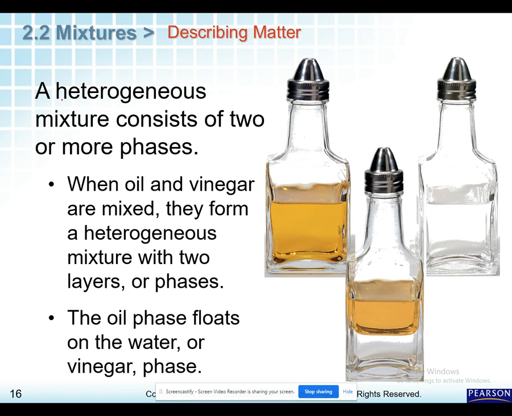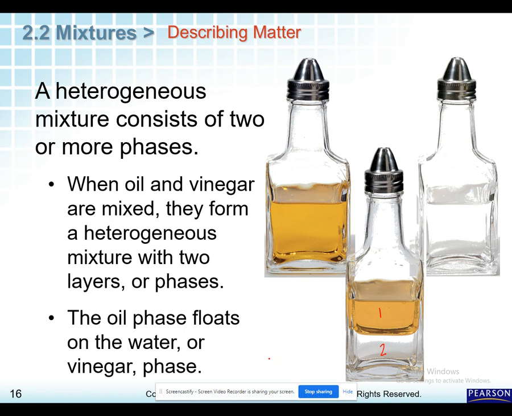However, a heterogeneous mixture is two or more phases. So for example, if we take oil and vinegar and we mix them, we get what looks like down here, two layers. These layers, I guess you would say, are phases. So here's one phase and here's two phases.